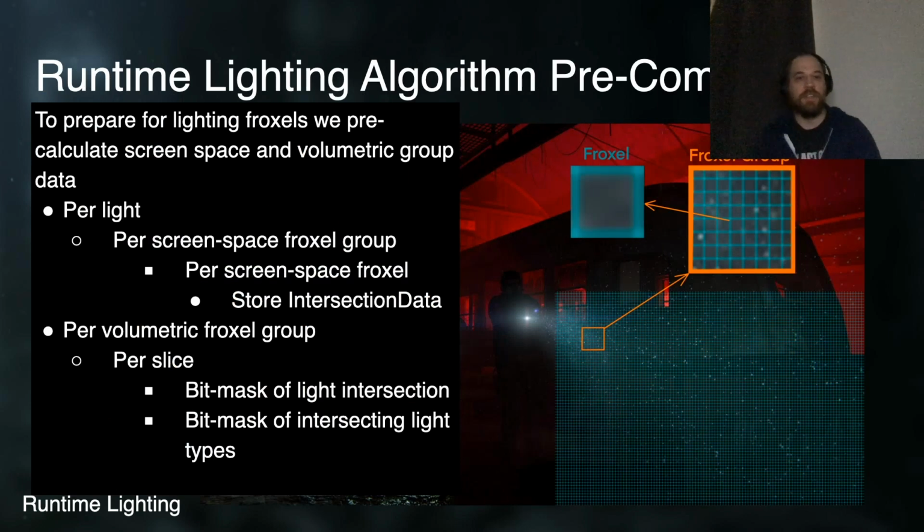As far as the pre-computation and the algorithm in general, for every group of Froxels, 8 by 8 in screen space, for every Froxel, we would first calculate which light sources this Froxel line intersects with. Then that would be combined into a common list for the whole group and per slice. So every group per slice would know which light sources it intersects with, and also which types of lights.